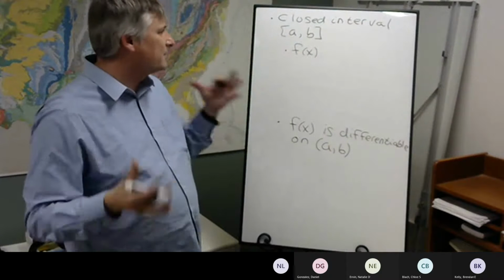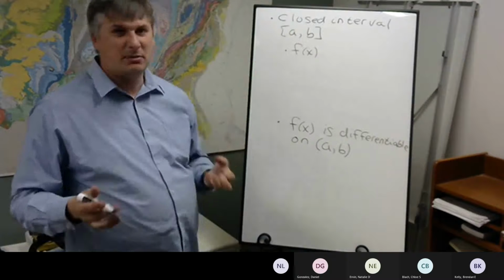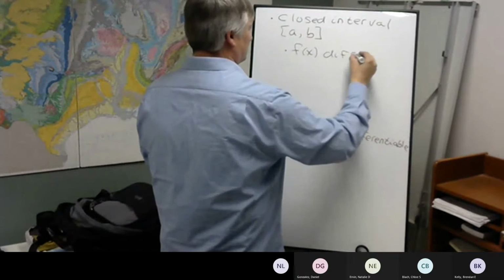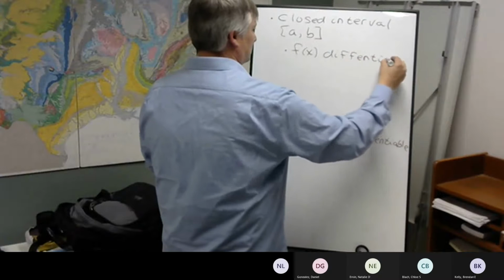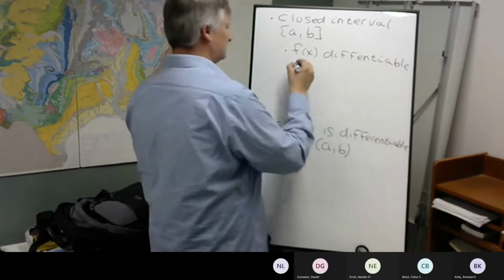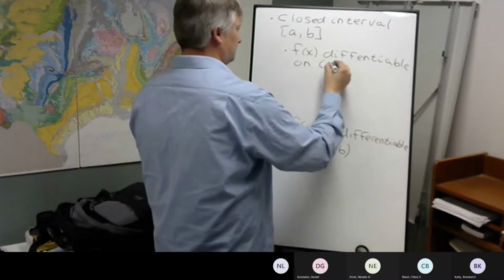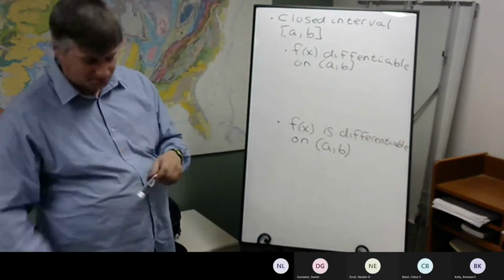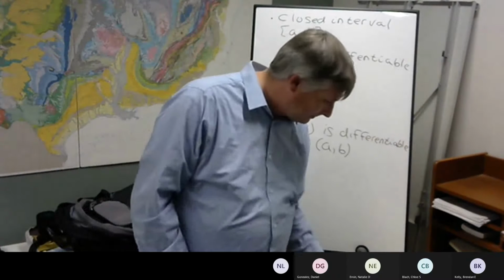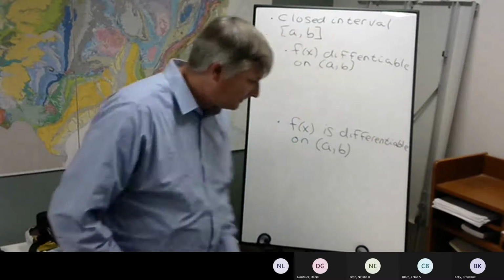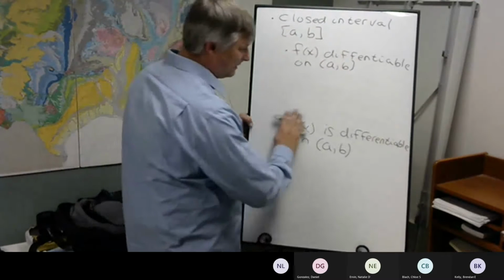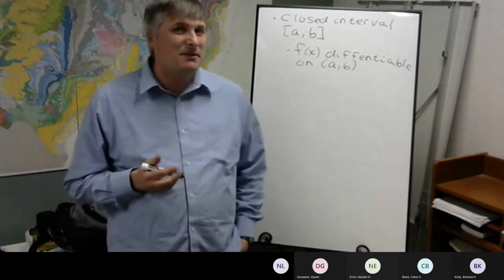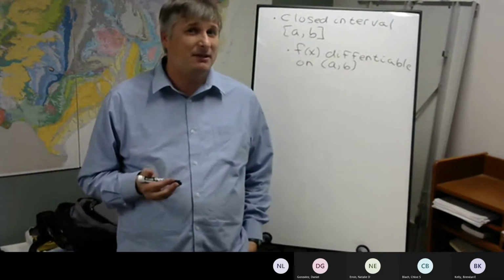In other words, everywhere, and we're not going to consider a and b just yet. So we need that to happen. Then we need the derivative to exist at the endpoints.